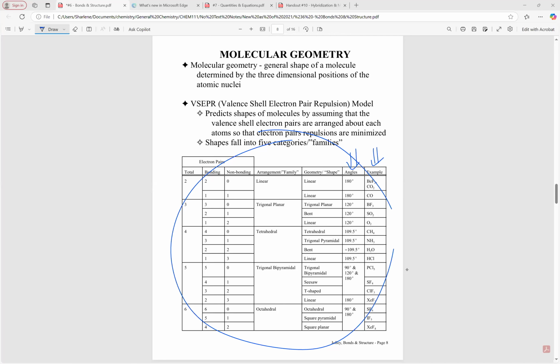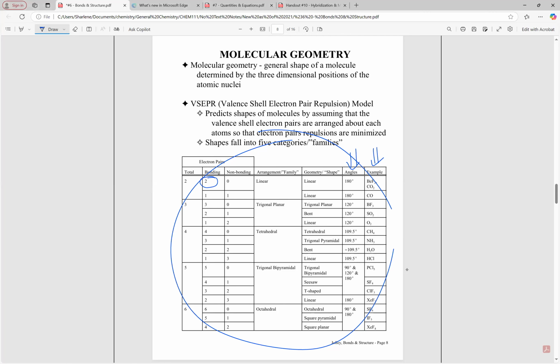And so what I'm talking about is if you have family 2 and 2 of them are bonds and 0 of them are lone pairs, you are in shape family linear. So 2 and linear means the same thing, but your overall shape or geometry is also linear, and the best angle is 180 degrees. That's what I'm talking about when I'm saying looking at the reference sheet.